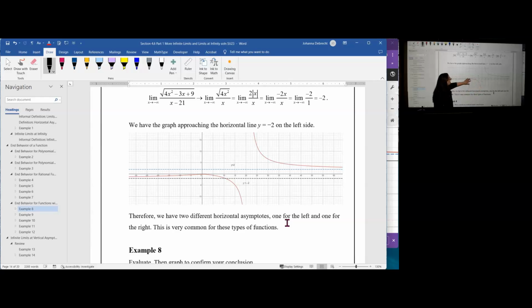And then it comes close, it approaches 0, and then it kind of goes back down again and approaches y equal negative 2. We have a different horizontal asymptote on the right than we have on the left. On the right, it's the blue line. On the left, it's the black line.